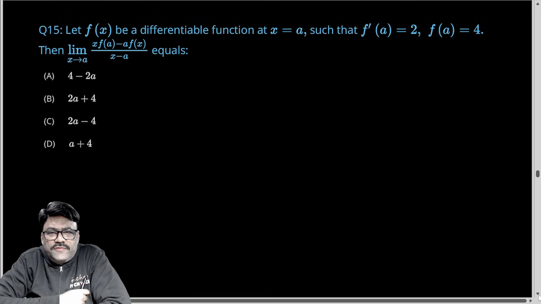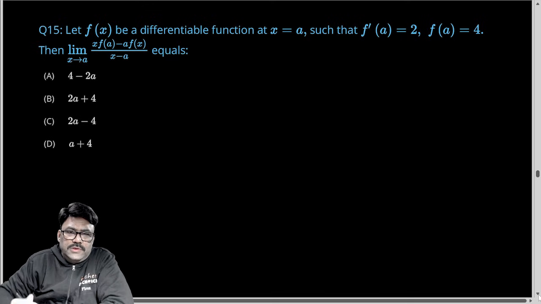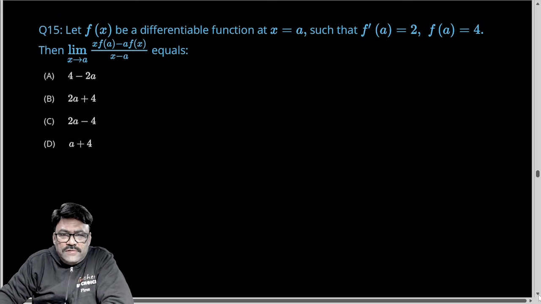Okay, let f(x) be a differentiable function at x equal to a. f dash a is 2, f a is 4. You have to get this limit. So you can clearly say this limit is of the form 0 by 0. So you can use L'Hopital's rule here.